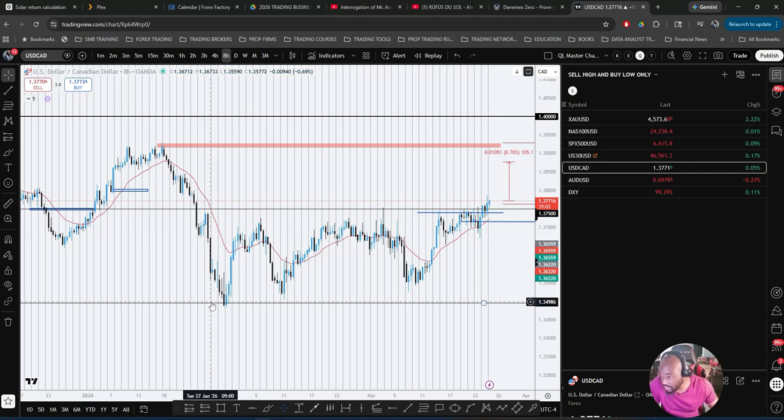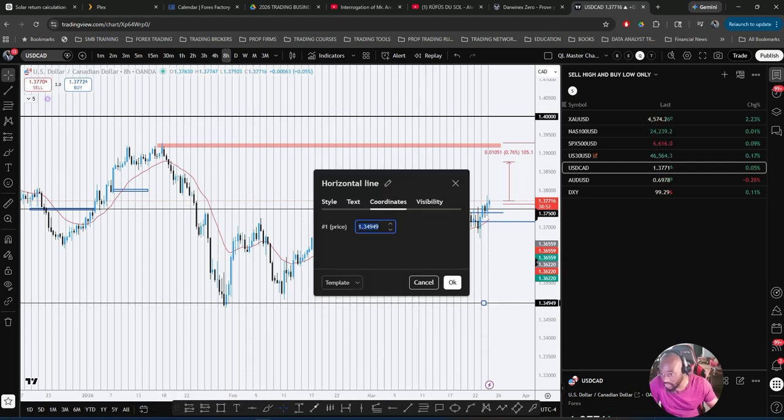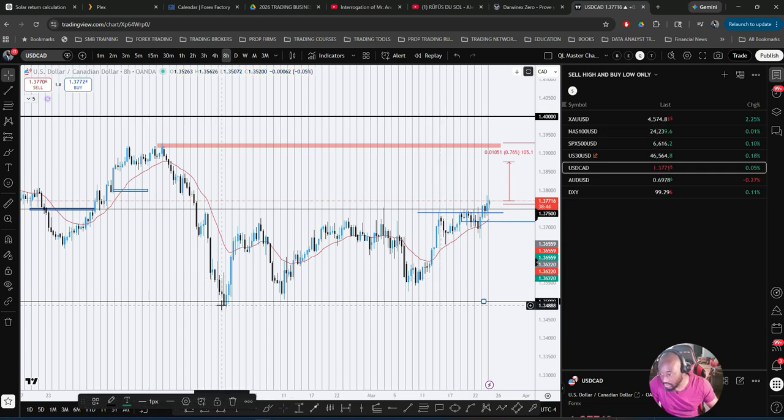So as you can see, this thing's been in consolidation since the beginning of the year, after this impulsive move down to this quarter level right here. By the way, I use quarter levels to kind of just spot areas of support and resistance, and this was no different.